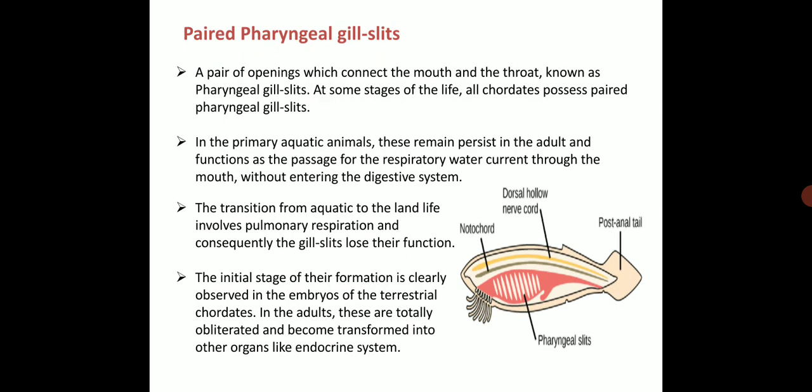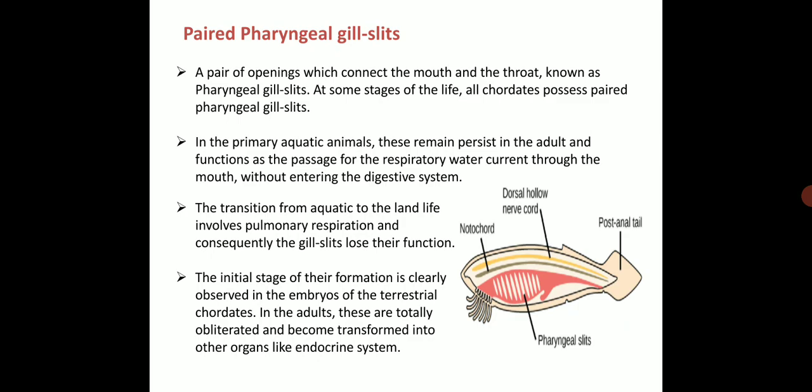Third one, paired pharyngeal gill slits. Here you can see in the picture a pair of openings which connect the mouth and the throat, known as pharyngeal gill slits. At some stage of life, all chordates possess paired pharyngeal gill slits. In primarily aquatic animals, these persist in the adult and function as a passage for the respiratory water current through the mouth without entering the digestive system.